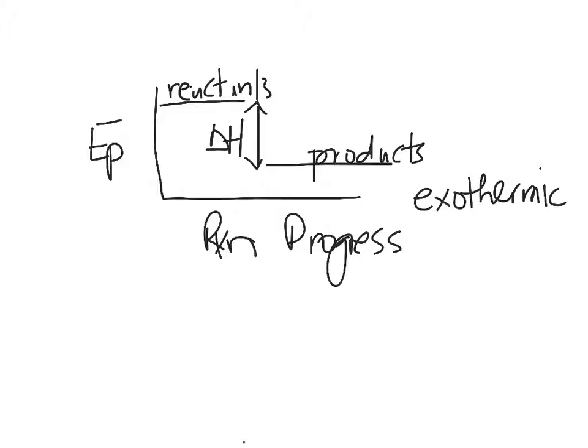Now think about a long set of stairs. Is it easier to go up or is it easier to go down? Go down, right? You need to put more energy in to go upstairs. So this is why I like doing diagrams like this.